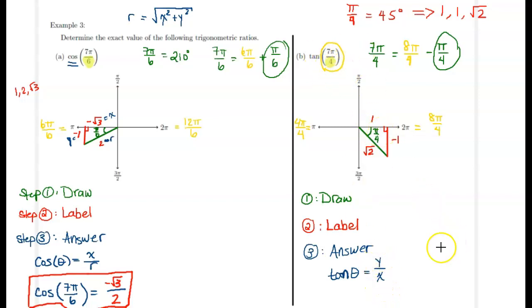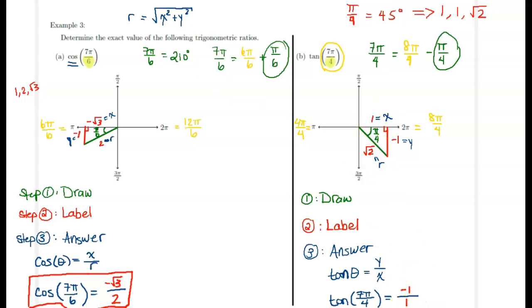So for me here, specifically, when I have tan of 7 pi over 4, that will equal, well, what's my y here? Well, this is my y, that's my r, and that's my x. So my y is negative 1. My x is positive 1.